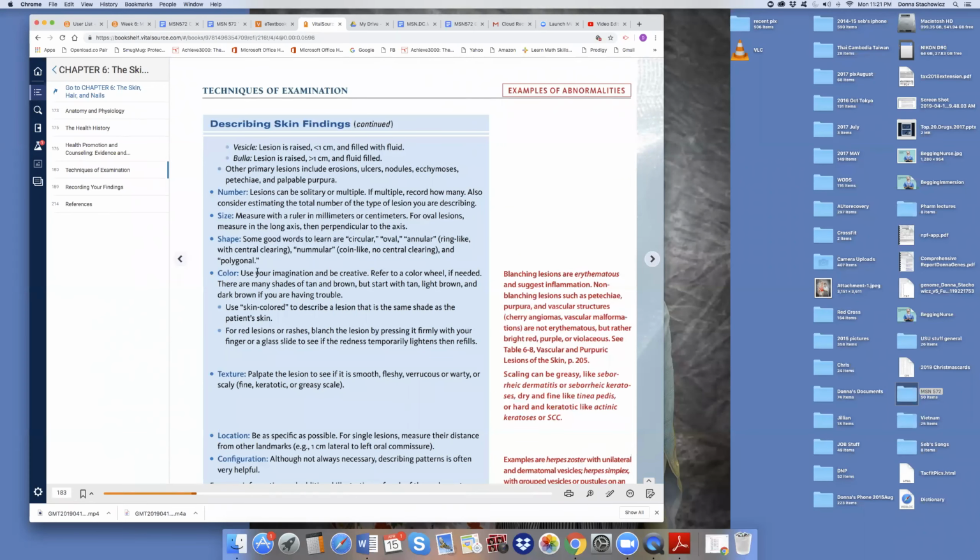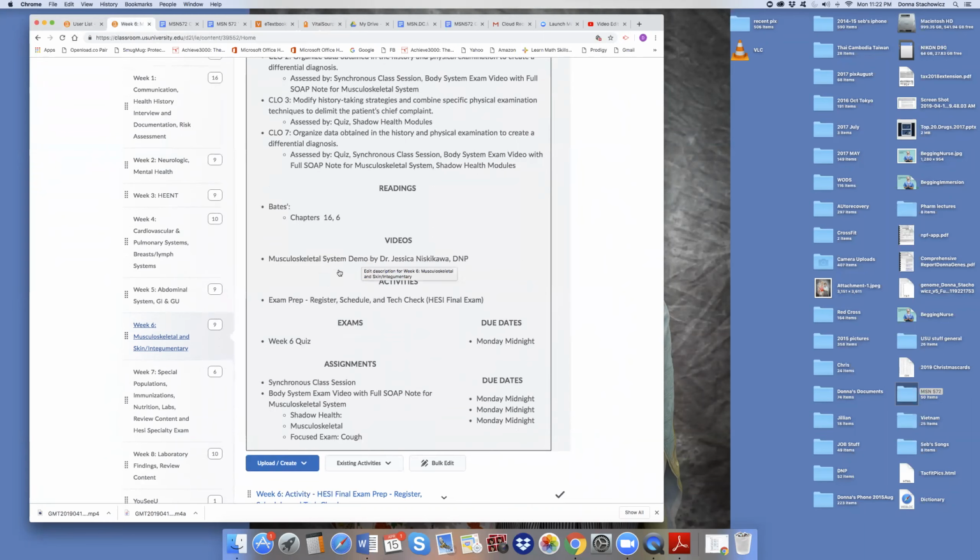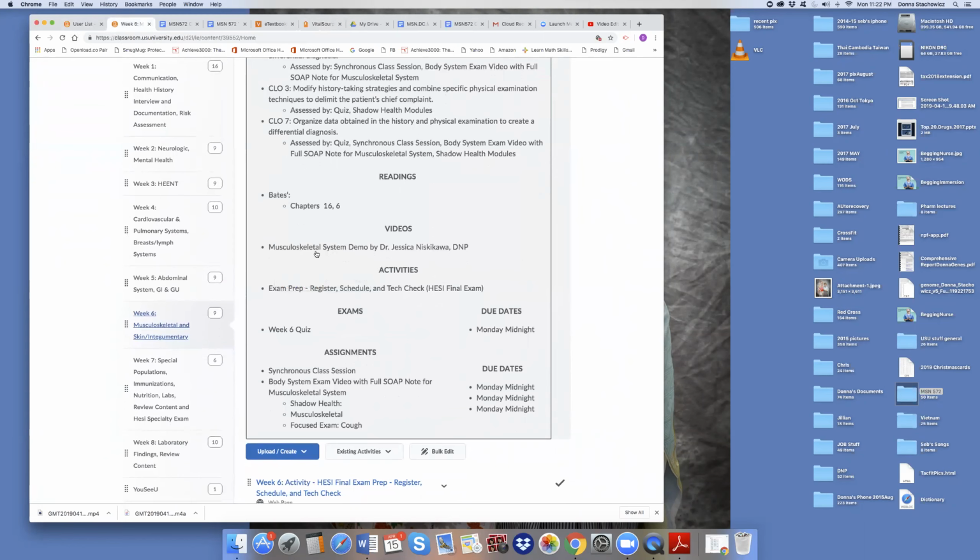You do owe another SOAP note to your instructor this week. You have to write out the findings, but it's going to be part of your bigger SOAP note with a musculoskeletal complaint that you would see in a primary care office. So not a huge open compound fracture that should be in the ER, but something you would see in a community clinic for primary care.